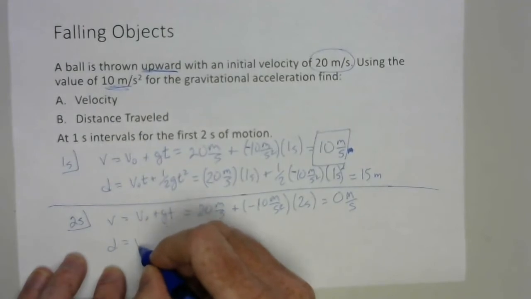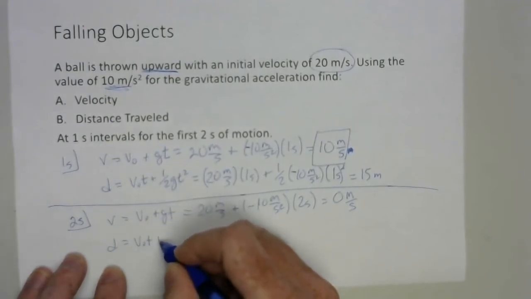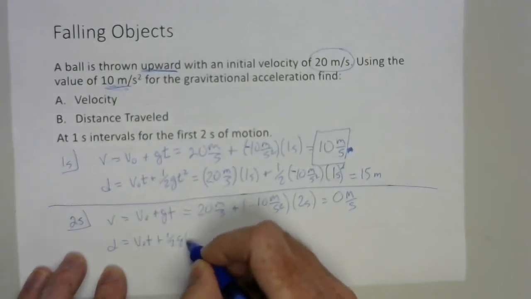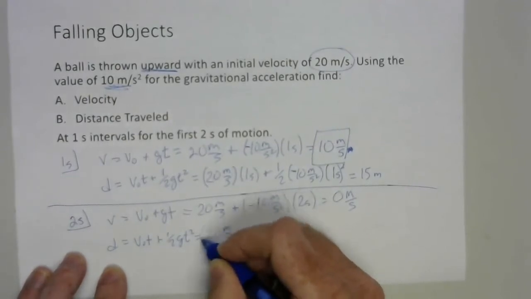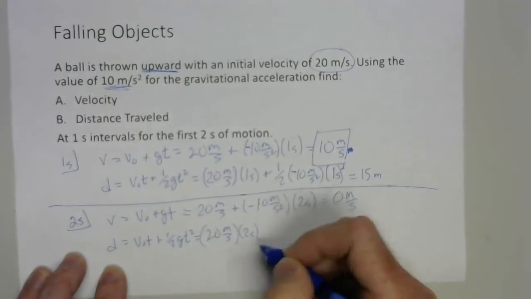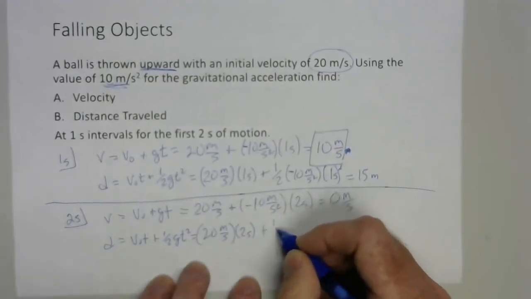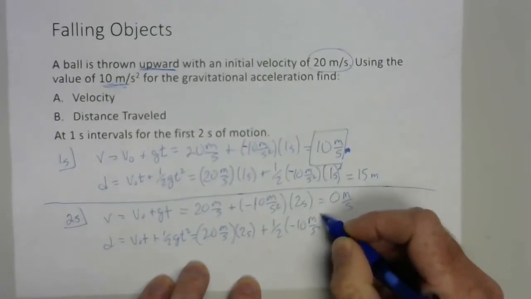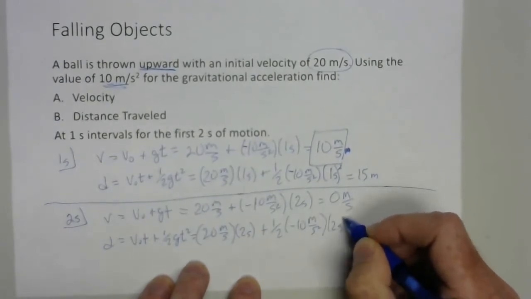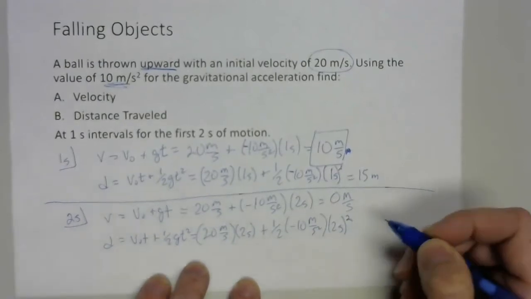So our distance is v0t plus 1/2 gt squared. And it's 20 meters per second times 2 seconds plus 1/2 your negative 10 meters per second squared and 2 seconds squared.